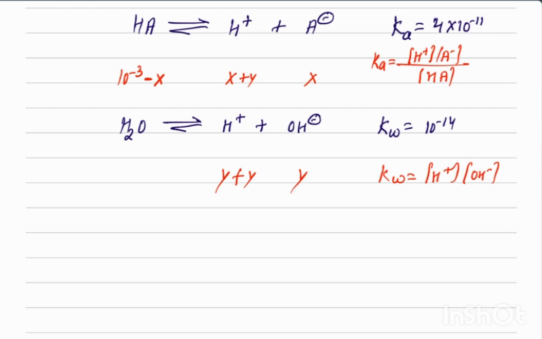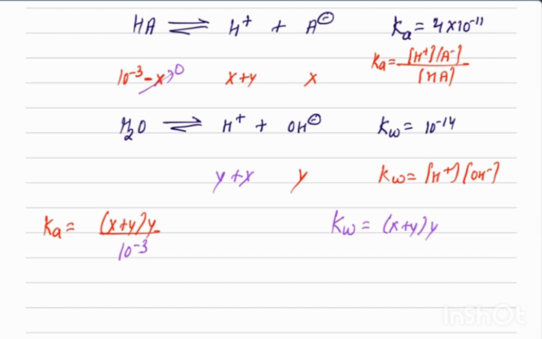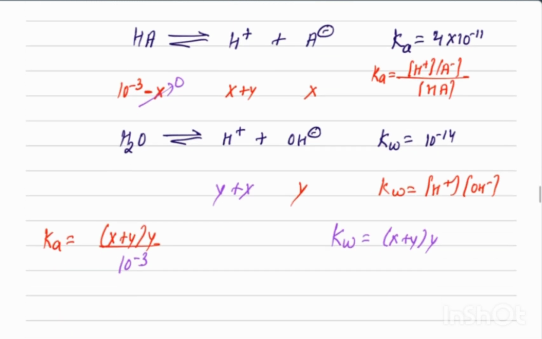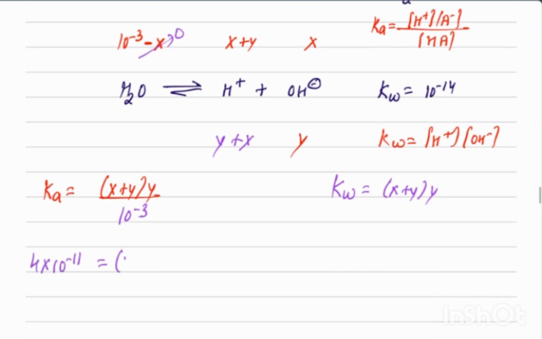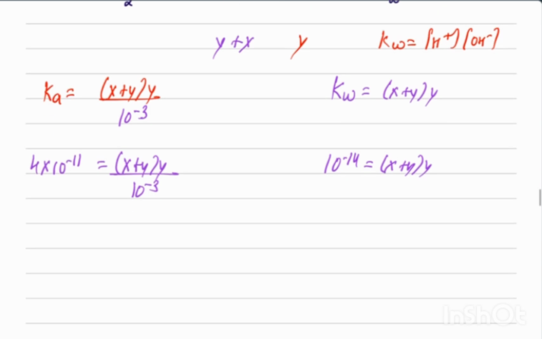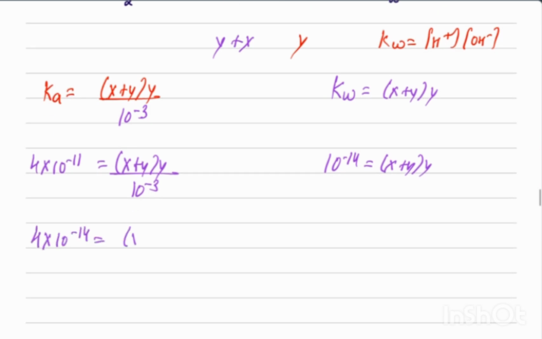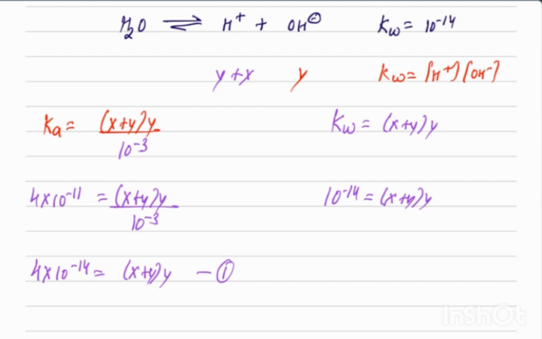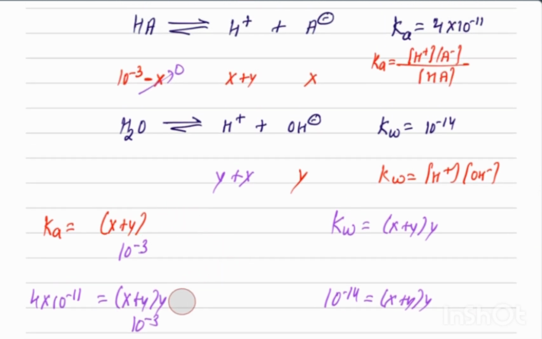So Ka will be equal to X plus Y into X divided by the HA concentration; because the Ka value is very small, I can neglect X in the denominator. And Kw will be equal to X plus Y into Y. Putting in the values, Ka, 4 into 10 raised to the power minus 11, equals X plus Y into X divided by 10 raised to the power minus 3, and Kw, 10 raised to the power minus 14, equals X plus Y into Y. Here it should be X.